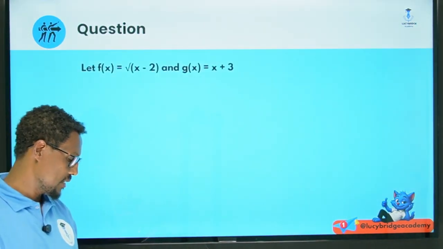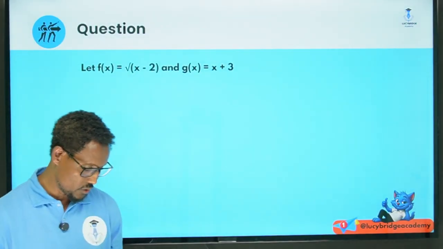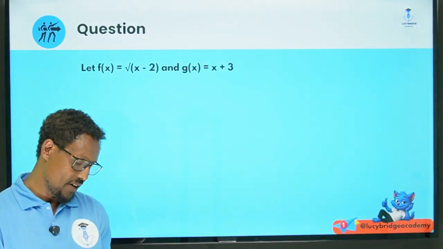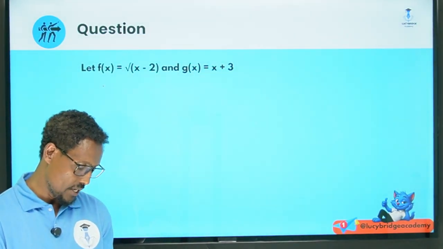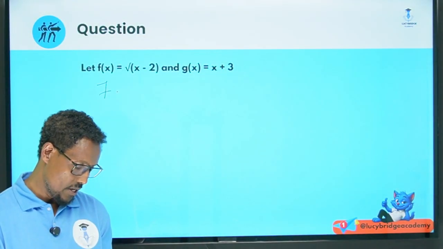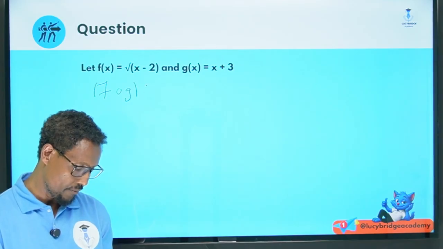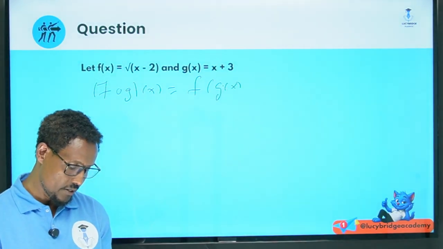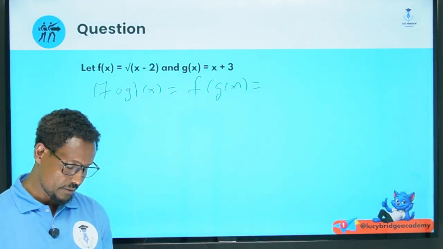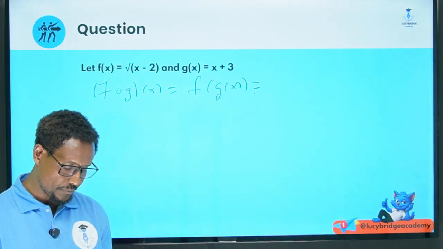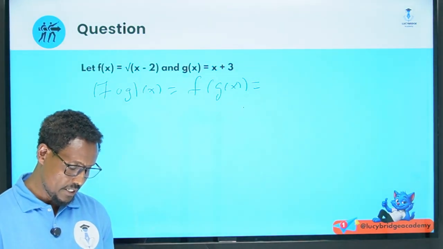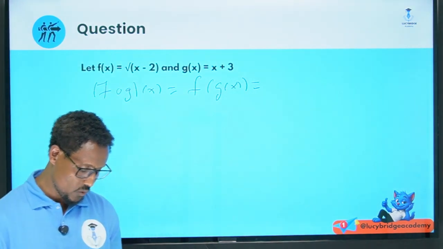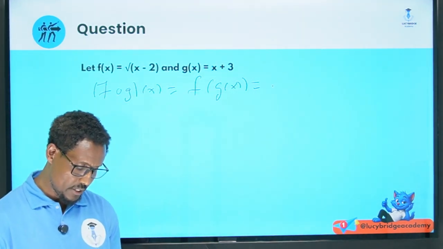Good. Next, let f of x be equal to the square root of x minus 2 and g of x be equal to x plus 3. Let me find f circle g of x, which is equal to f of g of x. f of x is the square root of x minus 2, and in place of x we put g of x.